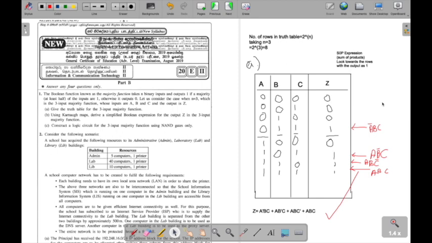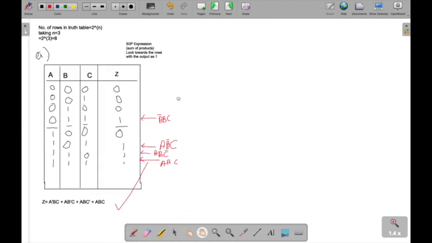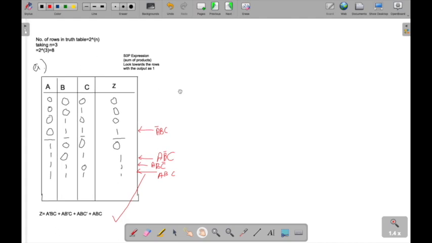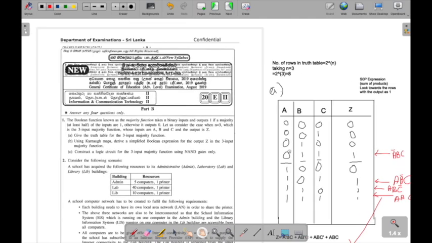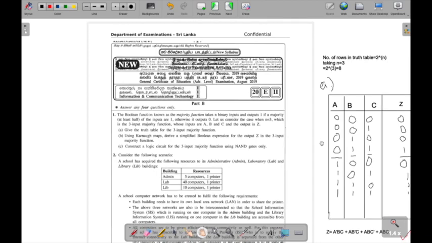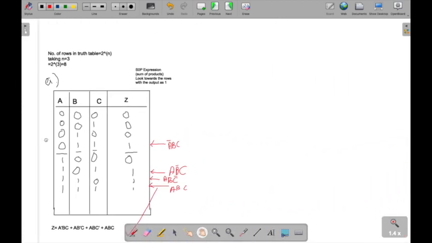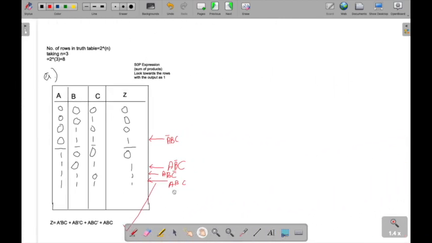Now we have obtained the SOP expression, but in the exam if they have asked you to obtain the POS expression, how are you going to obtain that expression? This is how you should obtain the POS expression.